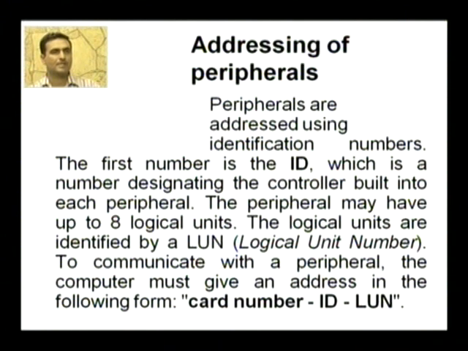Then comes the identification number or ID, and then the logical unit number, meaning how many logical units are there in the peripheral. So the complete address will be like this: card number, ID and LUN, or card number, identification number and logical unit number.